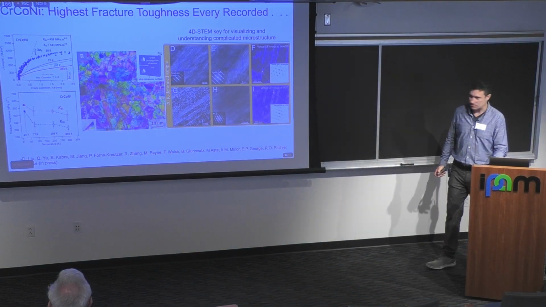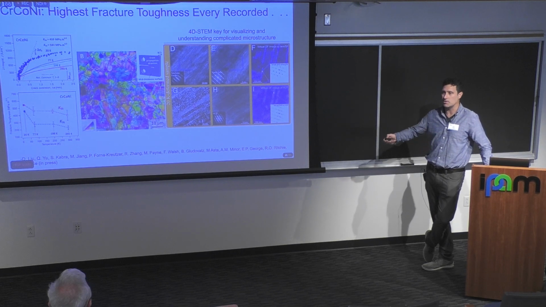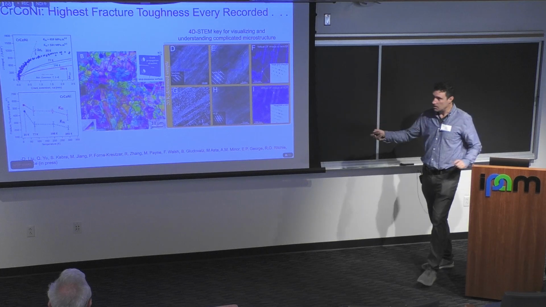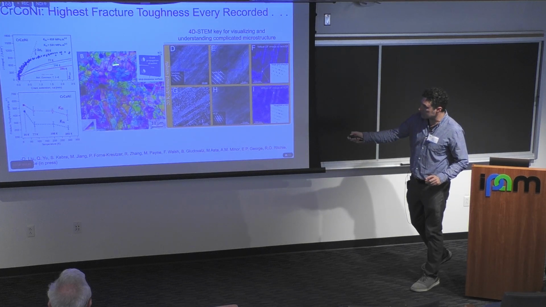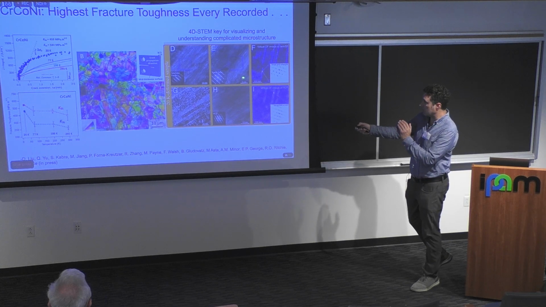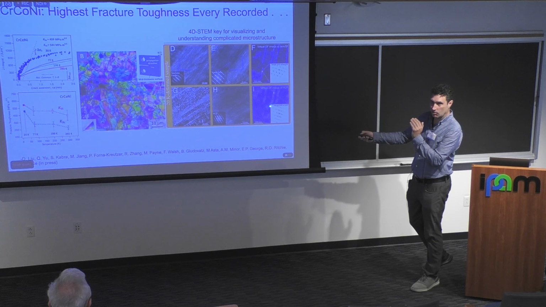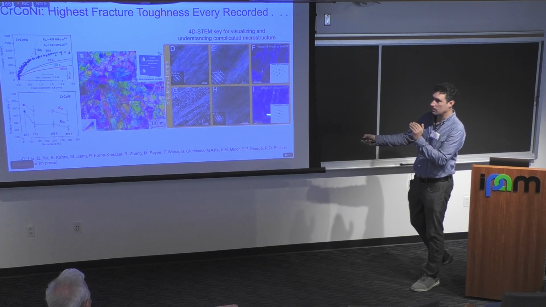Okay, so again, just full circle, microstructure is incredibly important to relating to properties, and 4D-STEM is a critical tool at this length scale. EBSD, like I said, is the standard in metallurgy, and that's what's shown here. But the key is EBSD cannot pick this stuff up, and really only 4D-STEM can pick this up.